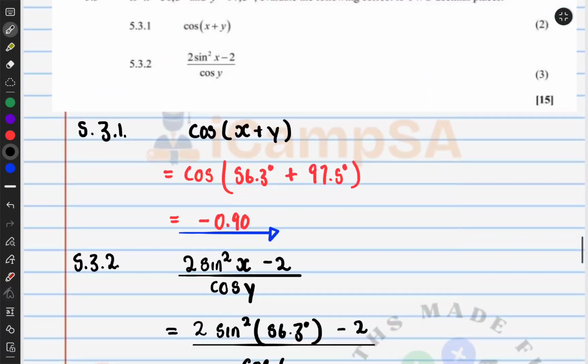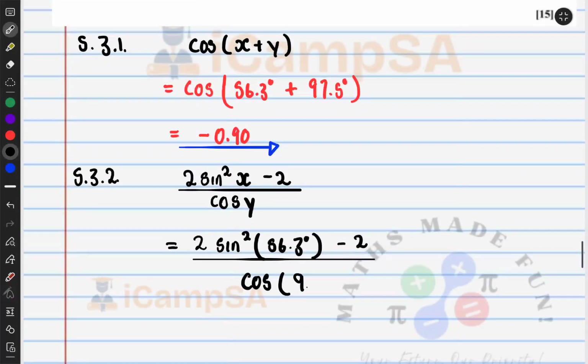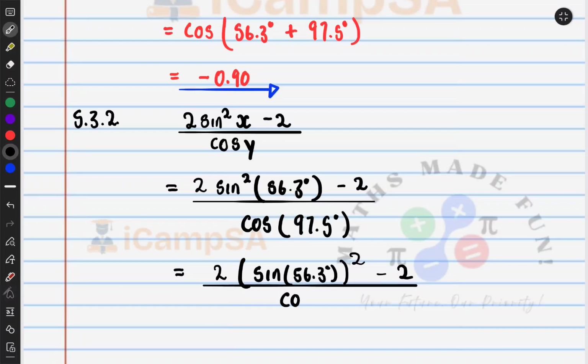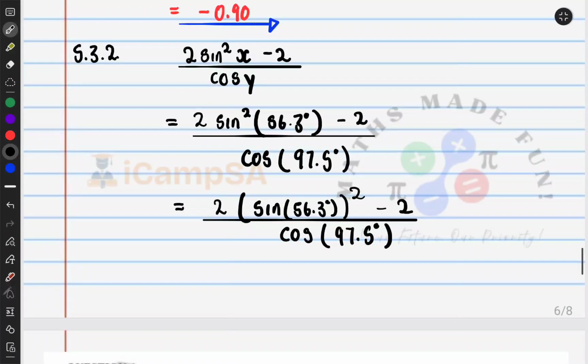What is y? y is 97.5 degrees. Remember that sine squared x, you can essentially write it as follows: 2 into sine of 56.3 degrees, close bracket, squared. This is how you're going to punch it in your calculator: minus 2 over cos 97.5 degrees. And when it's like this, you can simply punch it in your calculator and get your answer.